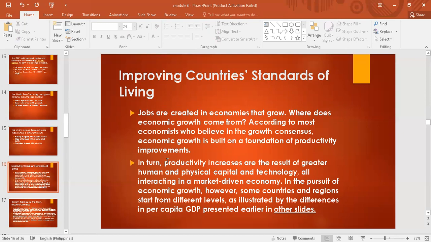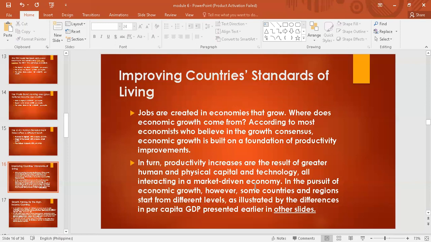In turn, productivity increases are the result of greater human and physical capital and technology. Capital and technology all interact in a market-driven economy. The more human labor force, kaysa more on capital investment, mas meron tayong tinatawag na market-driven economy.